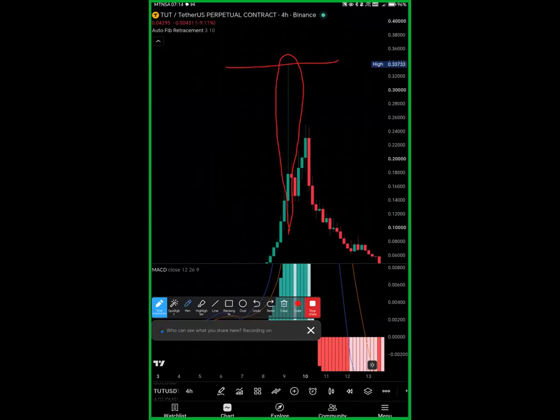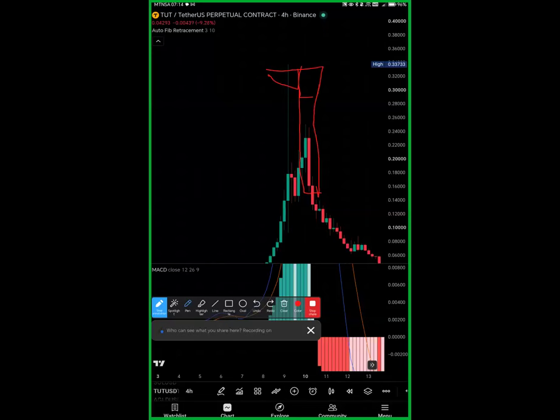You will see that price will fall drastically. If it closes there, you must wait for the next candle. What is going to happen? You will see that another fall will follow suit. These are just my experiences that I'm sharing with you, that I have encountered in the market.